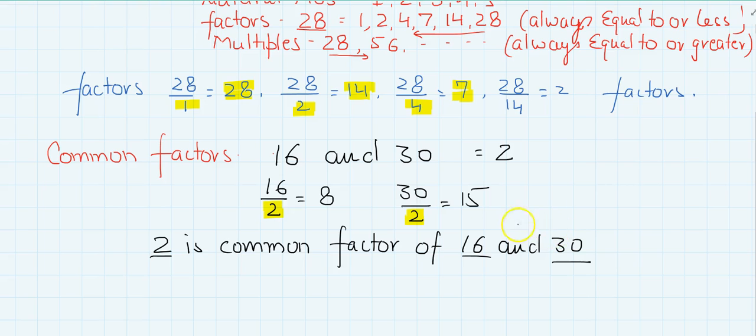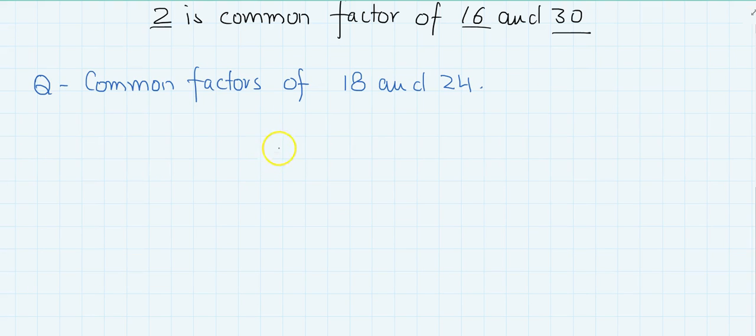These two numbers can have more than one common factor. Let's take another example. Now let's try to find out the common factors of 18 and 24. So we have 18 and we have 24. Let's divide 18 by 2. We get 9. Let's divide 24 by 2. We get 12.